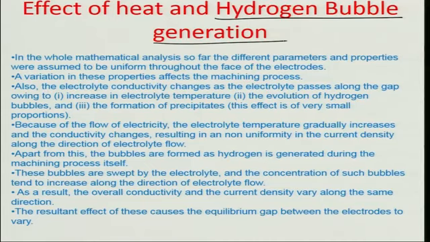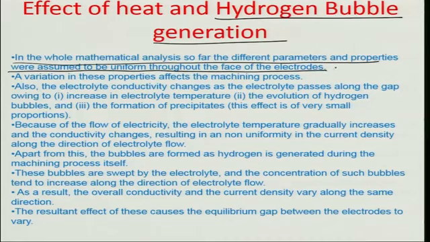As you know, hydrogen is generated as a result of the formation of FeOH from the workpiece into the solution. So in the whole mathematical analysis so far, the different parameters and properties were assumed to be uniform throughout the face of the electrode.